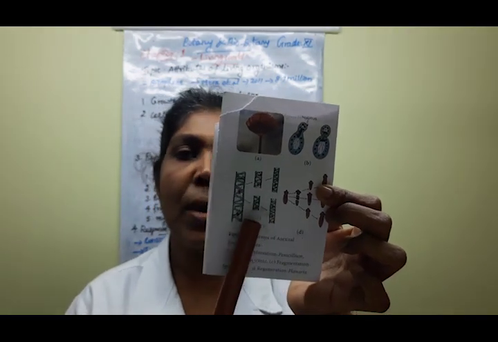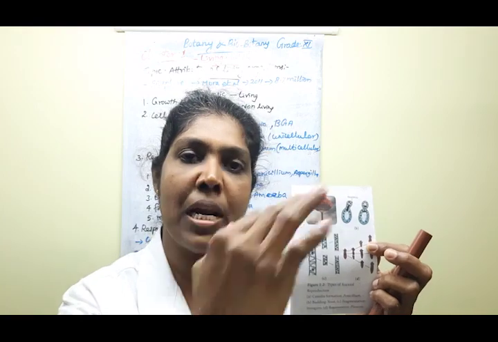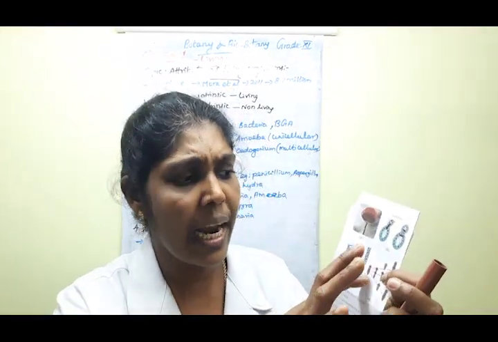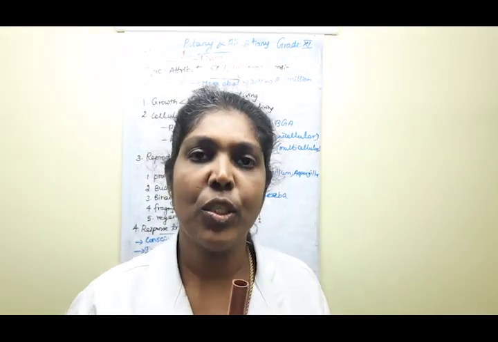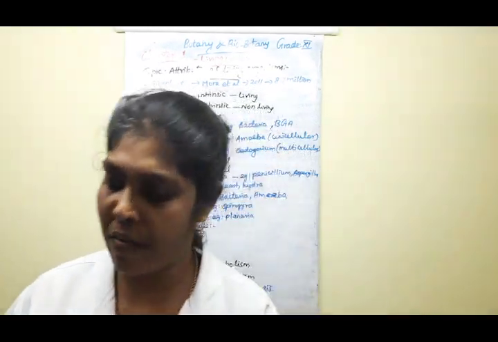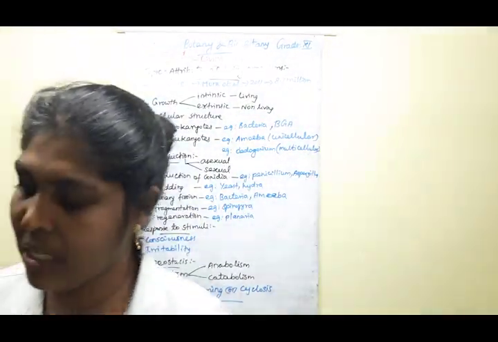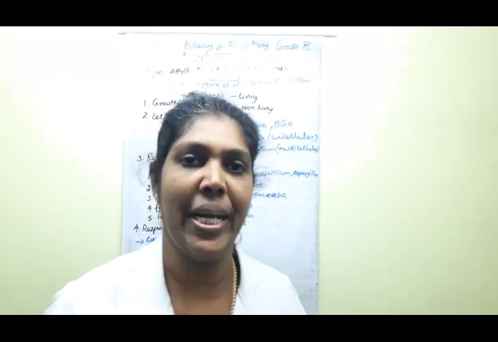Whether the cut is at the terminal, intercalary or end region of the body, each cut part produces a young, new one. Understood, children? This method of asexual reproduction is regeneration. So these are the methods present in asexual reproduction.